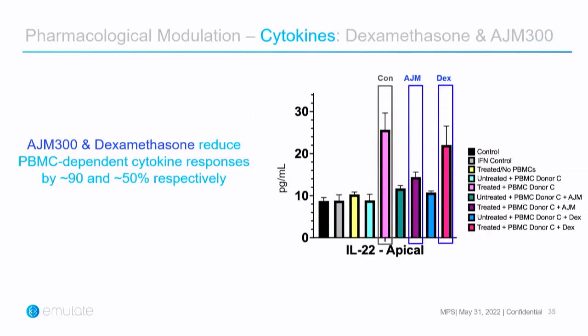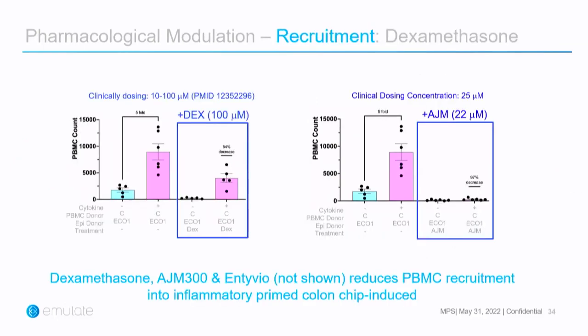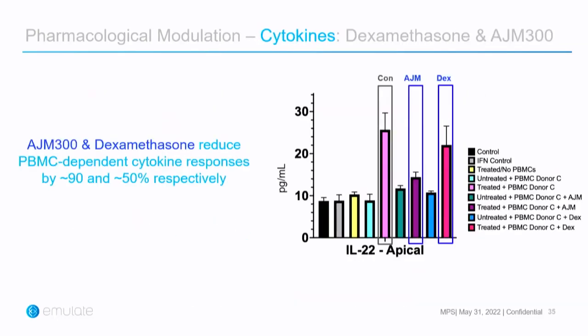So what about downstream effector responses? Here we're looking at cytokine release, particularly IL-22, and again comparing dexamethasone and AJM. And what's nice is you can see they both are suppressing, but they both are also reflecting a similar magnitude of response as we've seen in terms of the recruitment, so about 50 versus 90%.